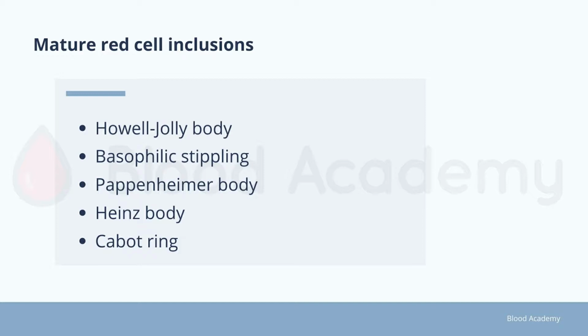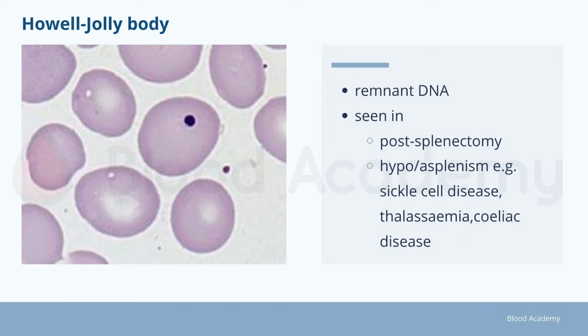We will look at Howell-Jolly bodies, basophilic stippling, Pappenheimer bodies, Heinz bodies, and Cabot rings. Howell-Jolly bodies are single dark inclusions located at the periphery of a mature red cell. It is formed from remnant DNA, usually removed by the spleen. It is one of the main features as a result of complete or partial absence of splenic function.